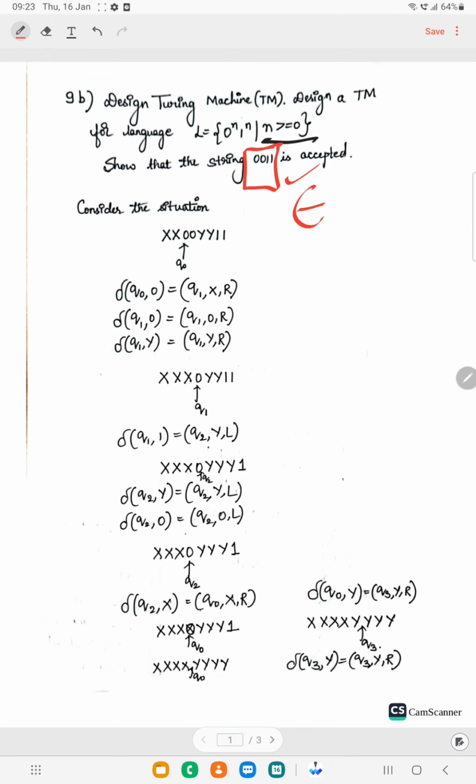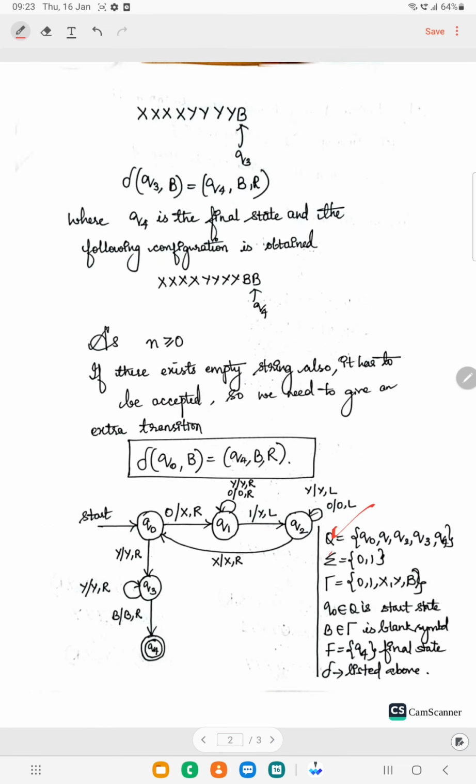Fine. So first, we have to consider the situation like this. Let's consider 0 0 1 1 only. So x for getting equal number of zeros and y for monitoring ones. Turing machine is also defined as 7 tuples: number of states, input alphabets, and tape symbols.